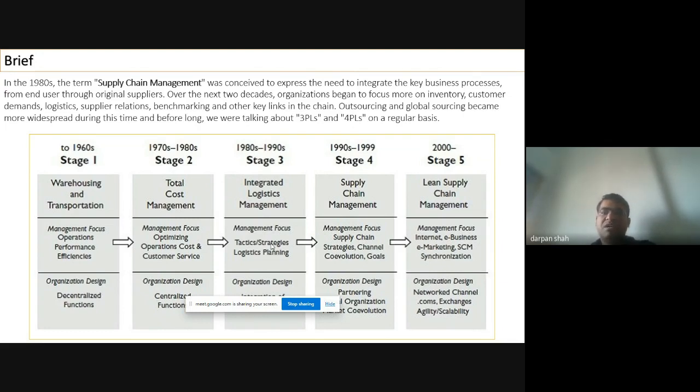And now in this century, lean supply chain management is the key focus area for all the organizations who are targeting to increase their bottom line. Mainly the managements have started focusing on online businesses, and synchronization within the organization and outside the organization.